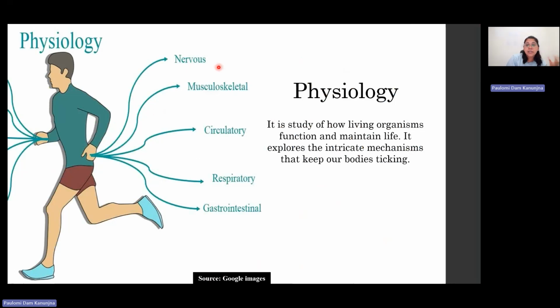So all the nervous system, musculoskeletal system, circulatory system, respiratory system, everything is in function even now when I'm talking to you. So how is this connected and how are they functioning so that I can sit here and talk to you and not have problems associated with these different systems, right?